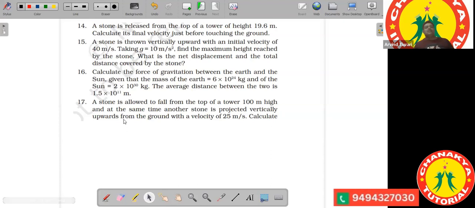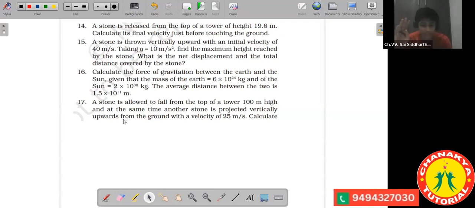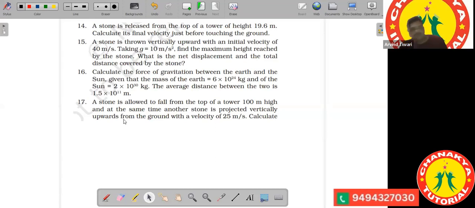Who has calculated? Rikshit? Sir, I'm doing it, sir. Okay. Sir, done, sir. Okay, so can you show your notebook? Just wait.